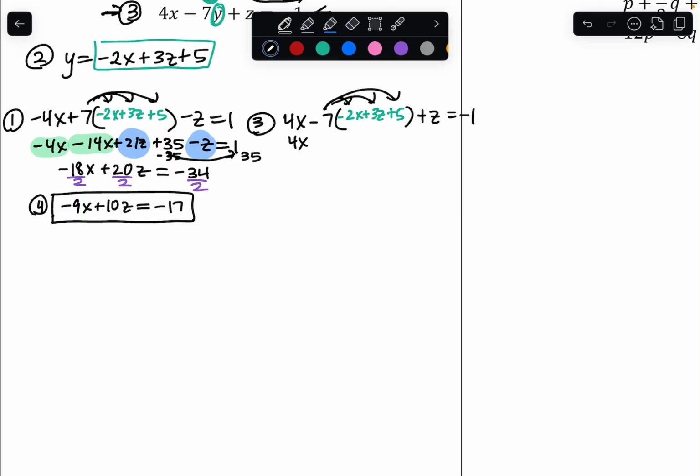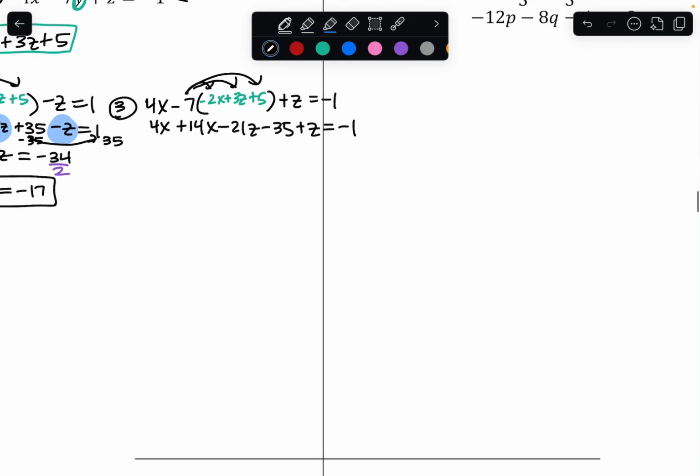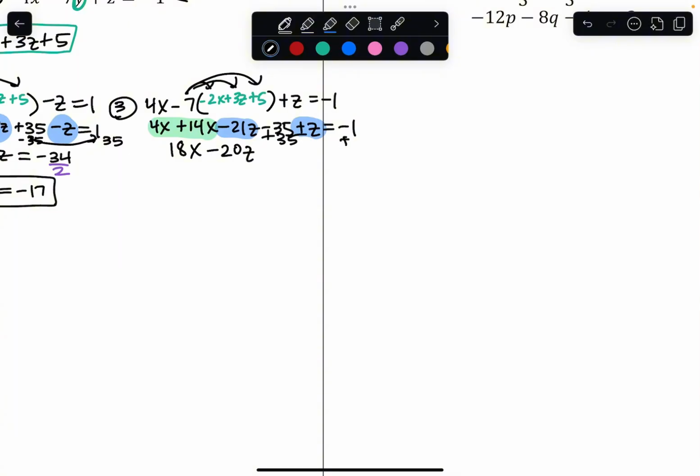So 4x plus 14x minus 21z minus 35 plus z equals negative 1. Combining our like terms, I get 18x and negative 20z, add 35 equals 34.